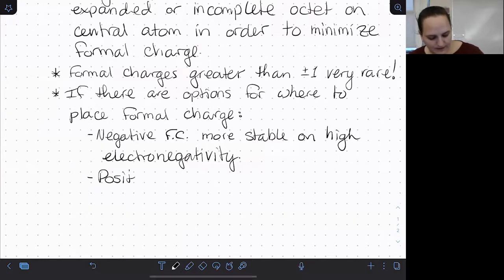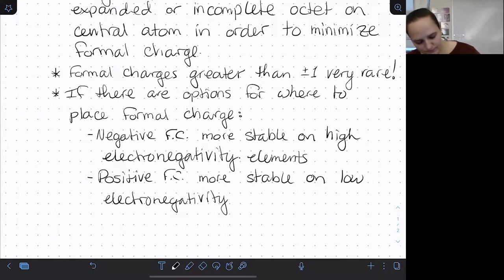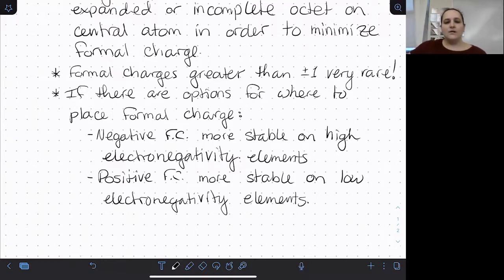And positive formal charges tend to be more stable on low electronegativity elements. But the most important thing is usually to just minimize it, make them as small as possible.